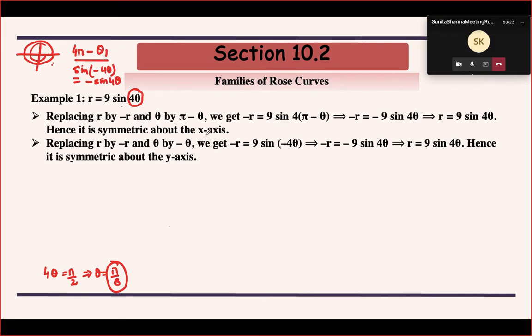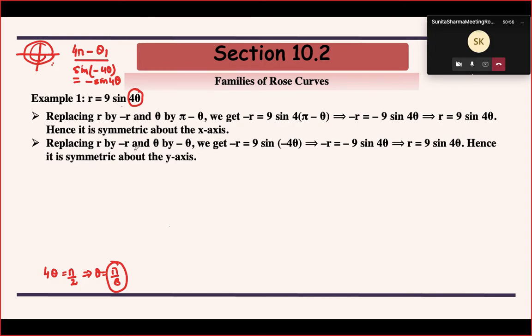So if either of the conditions holds, then you will say the graph is symmetric. In the second condition also it is the same: whichever kind of replacement gives you no change in the equation, that means there is symmetry.